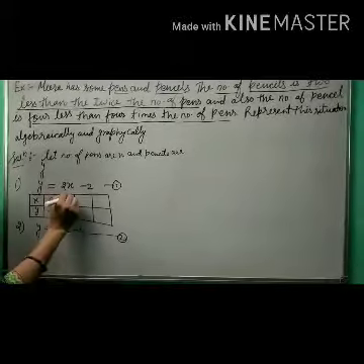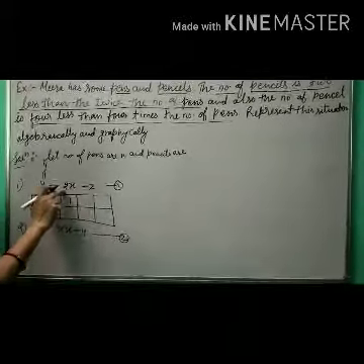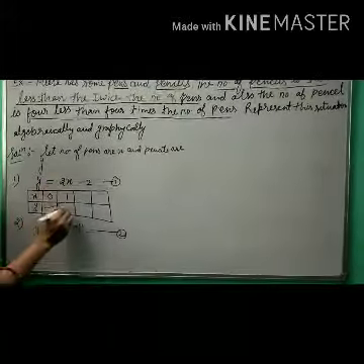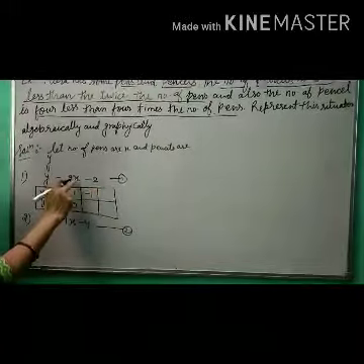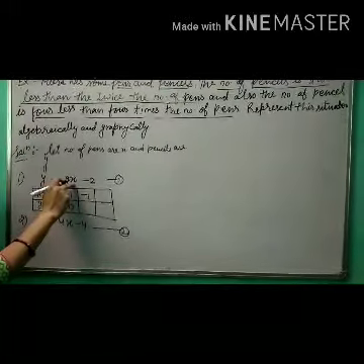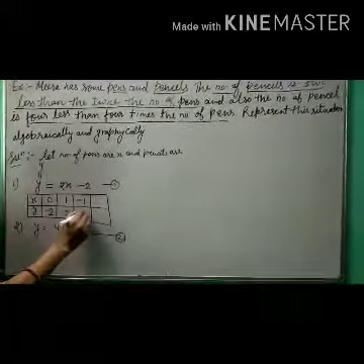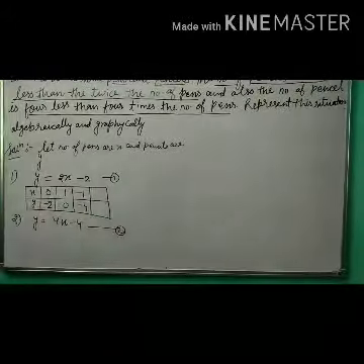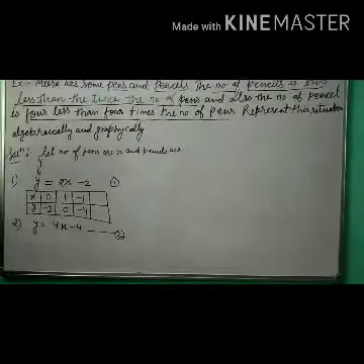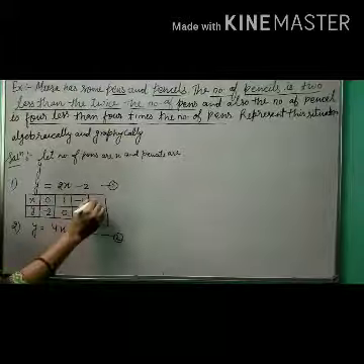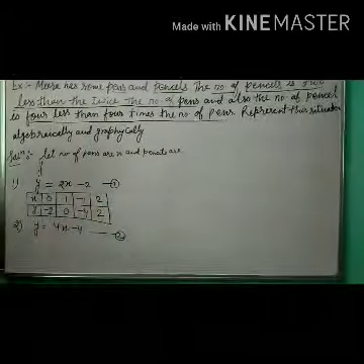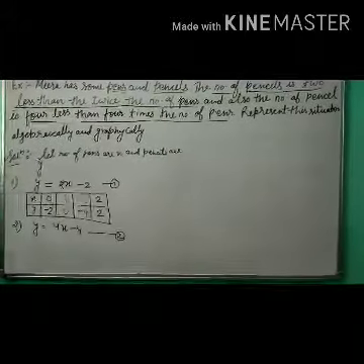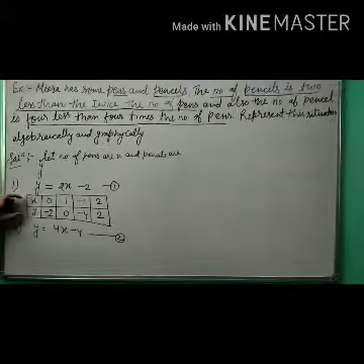If x is 1, 2 times 1 minus 2, the value of y is 0. If x is minus 1, 2 times minus 1 minus 2 is minus 4, so y is minus 4. And if x is 2, 2 times 2 is 4, minus 2, that is 2, then y is 2. So here we have the values of x and y.